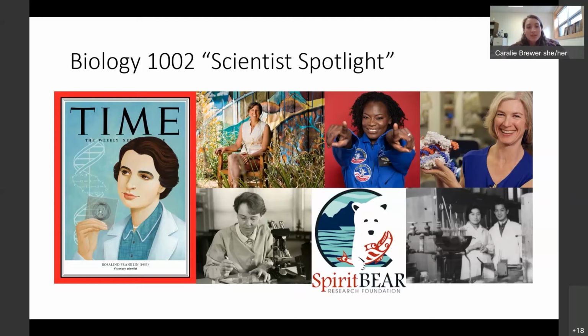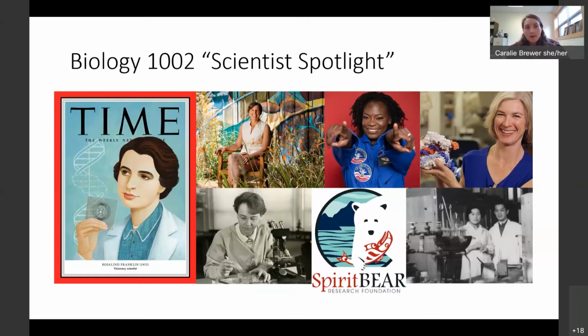In the middle, on the bottom, the Spirit Bear Research Foundation is an incredible Indigenous-led research group who's doing work on wildlife in BC, including spirit bears. And so we included a peer-reviewed paper that they published about the rate of the mutation of this spirit bear allele in the population.